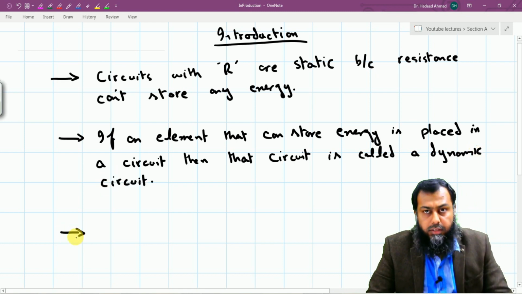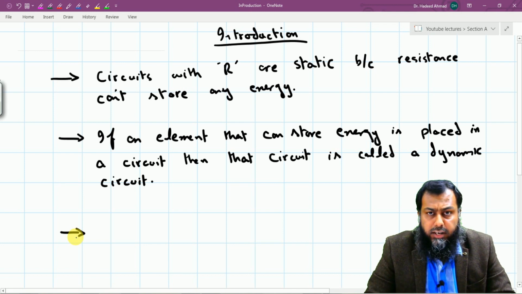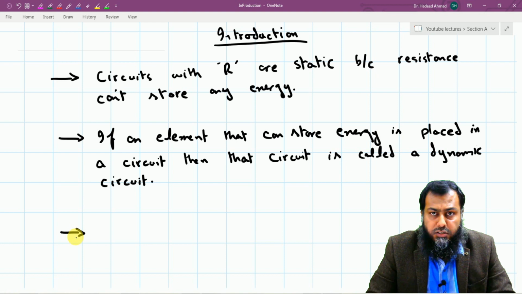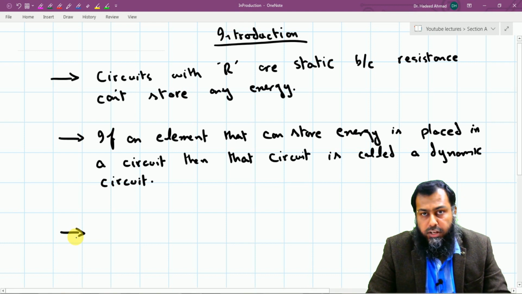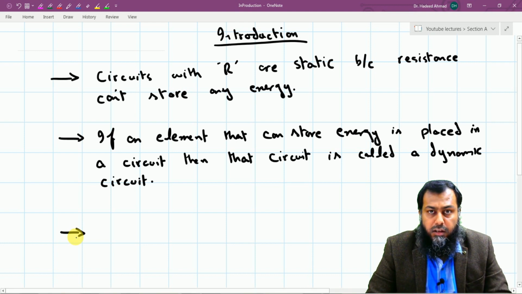Now the dynamic circuits contain energy storage elements, and the instantaneous values of the voltage and the current in those circuits depend not only on the present value, but also on the previously stored amount of voltage, or the previously flowing current through that particular circuit.